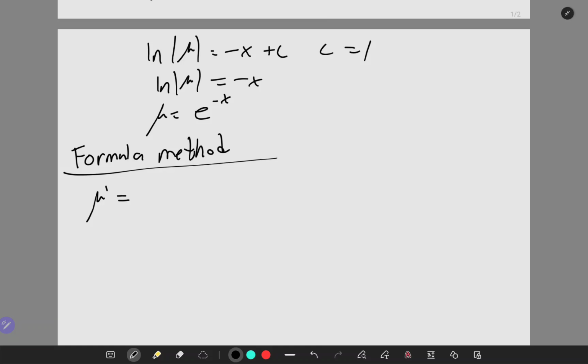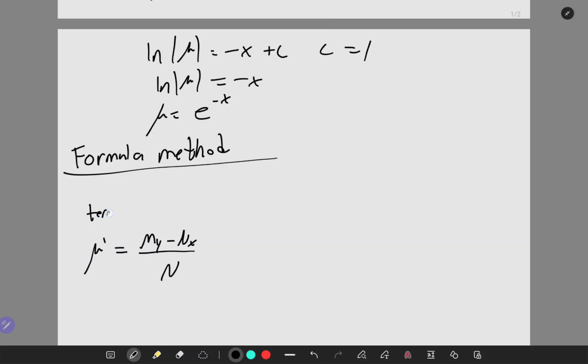So we have mu prime is equal to my minus nx over n, and this is if we are independent of y, so in terms of x.